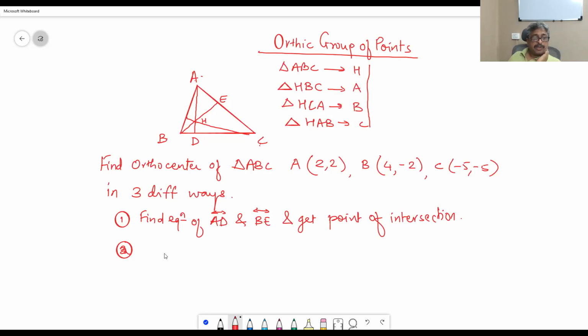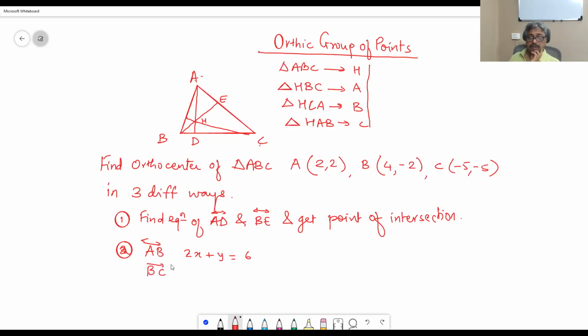Can we quickly write down the equation of AB now? What is the equation of AB? Slope is 4 upon -2, that is minus 2 is the slope, therefore 2x plus y is equal to 6 is the equation of AB.